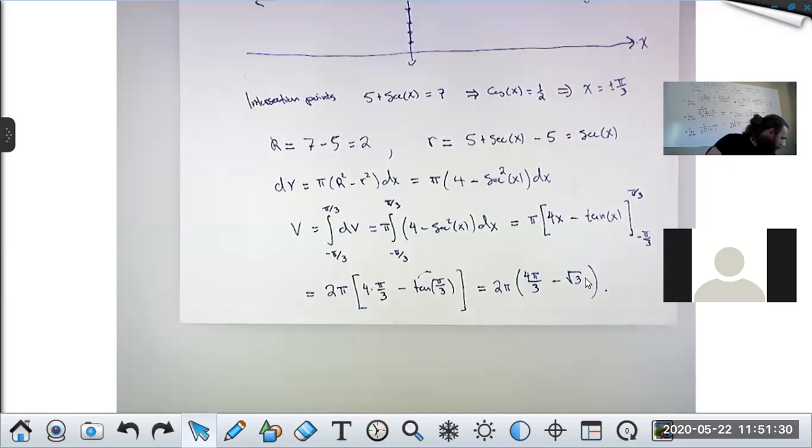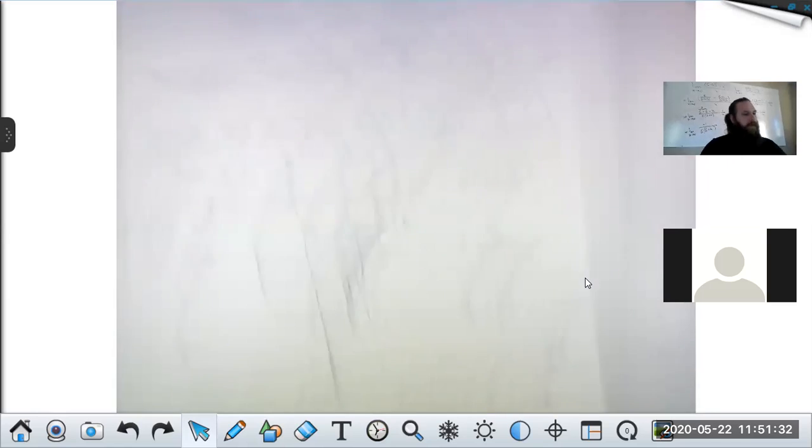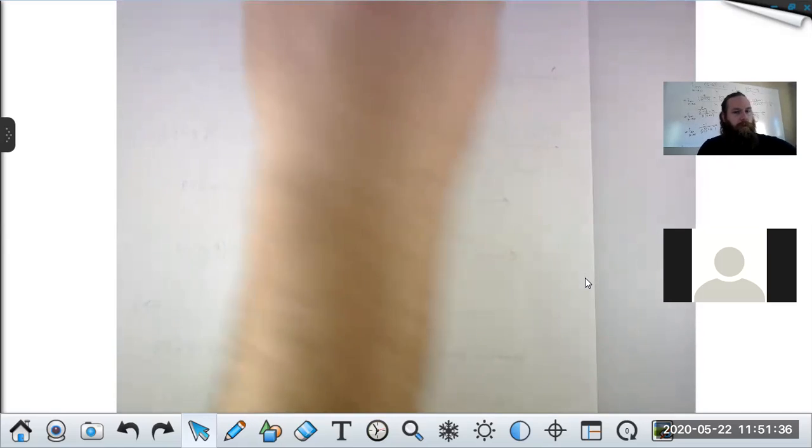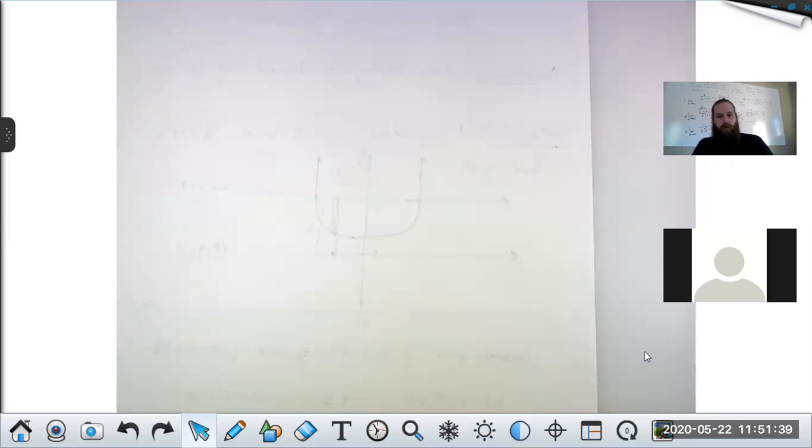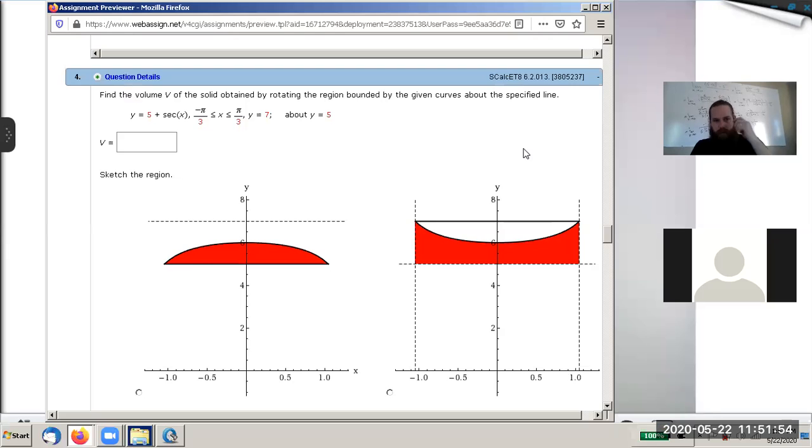Okay, so that's number 4. I think we also wanted to take a look at the two kind of geometric ones, right? 6, 7, and 9. Okay, so let's look at 6.